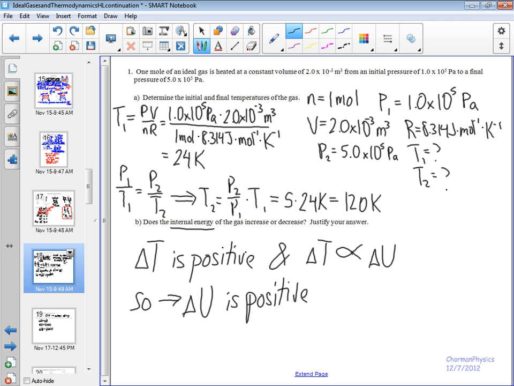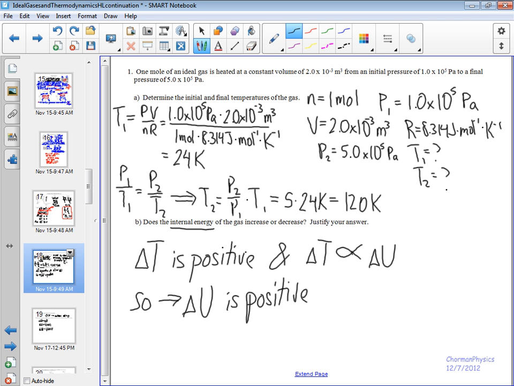So, if we did an example problem of an isochoric process, we have 1 mole of an ideal gas. It's going to be heated at constant volume, and we're given the volume there, from an initial to a final pressure. It says determine the initial and final temperatures of the gas. We use our ideal gas equation, PV equals nRT, to solve for the initial temperature.